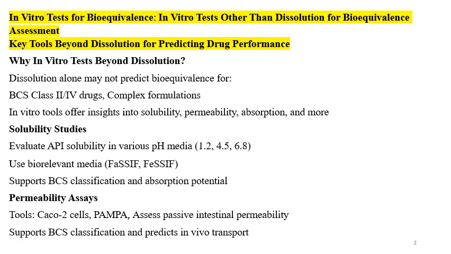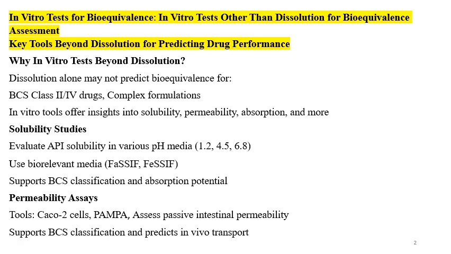Now, why are the in vitro tests used beyond the dissolution? Because dissolution alone may not predict the bioequivalence for some of the drugs like BCS class 2 drugs, BCS class 4 drugs, and for complex formulations, because there may be limited IVIVC.